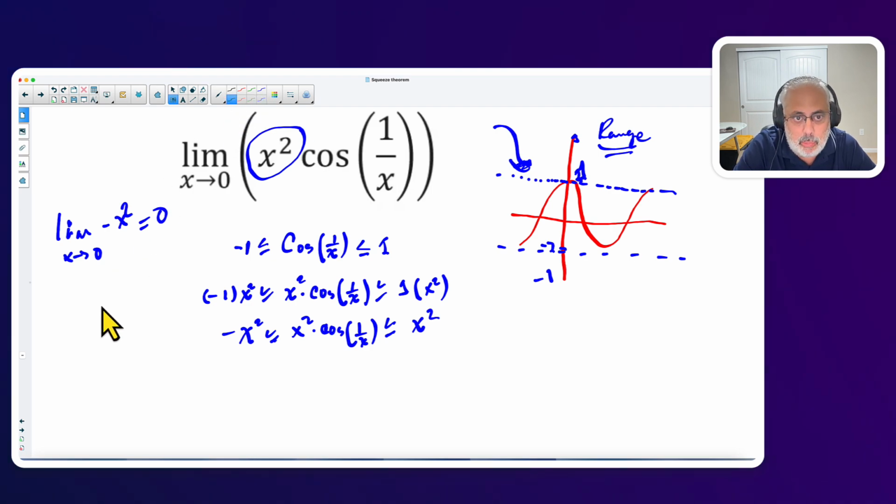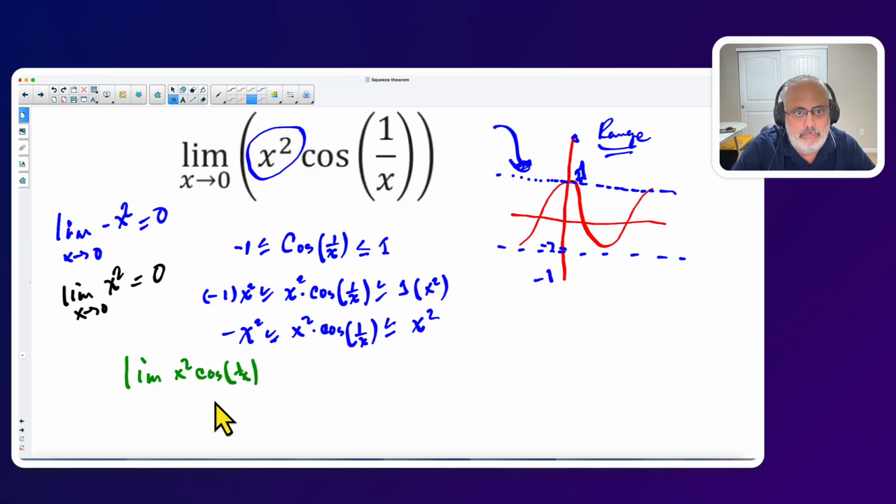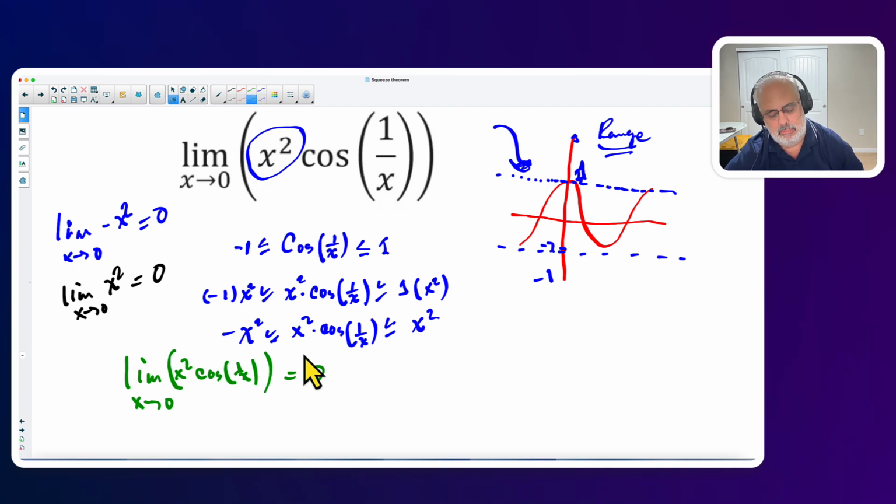The limit of the upper function, when x is approaching 0 of x squared, is also 0. So you can say now that the limit of your function x squared cosine of 1 over x, when x is approaching 0, is also 0 by the squeeze theorem. And this is the problem today.